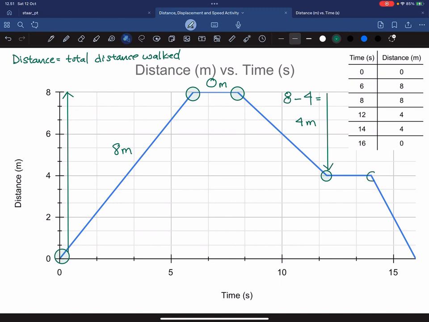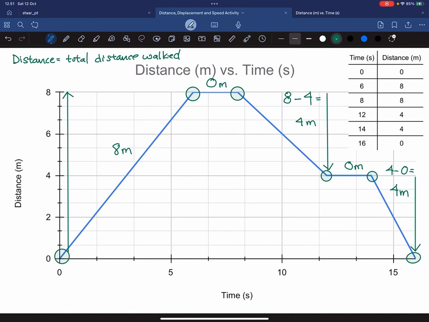Then in the next part, it's flat. You stayed at 4, you don't walk at all. It's 0 meters. And then in the final bit, you're going to go from 4 back to 0, 4 meters.